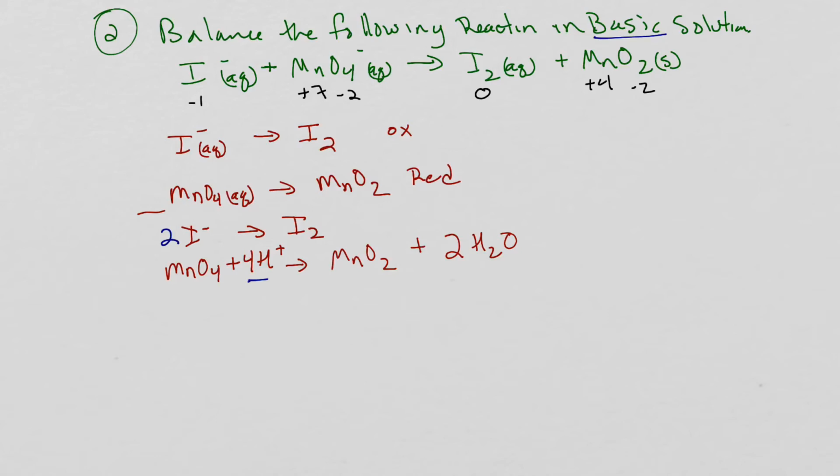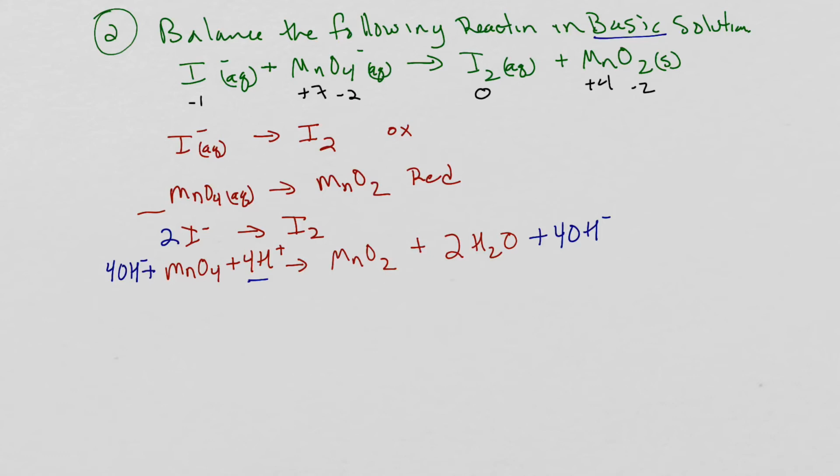So we're going to add 4 OH minuses to both sides. We have 4 OH minuses here, and we have to do the same over here. Now, the OH and the H+ neutralize each other and form water.